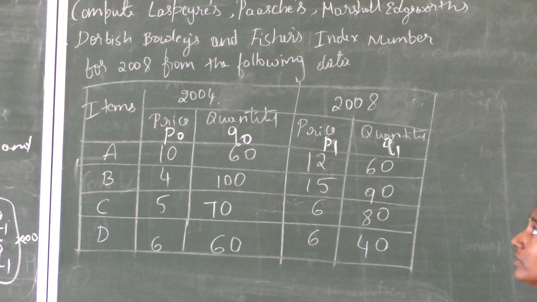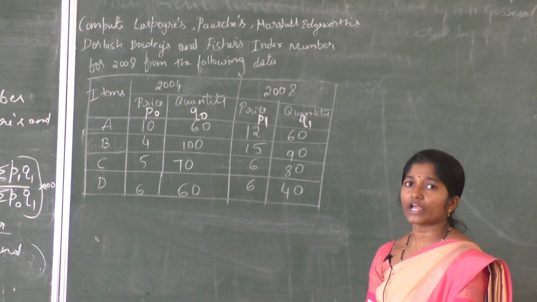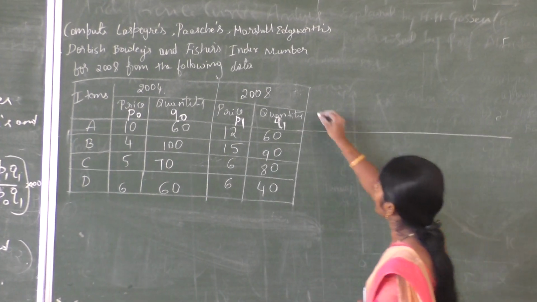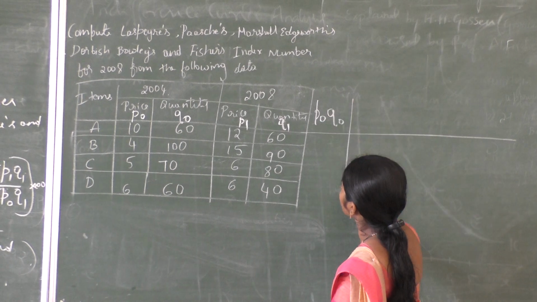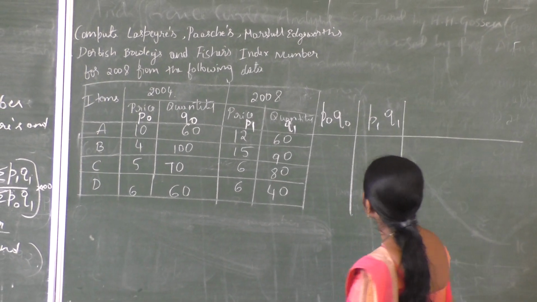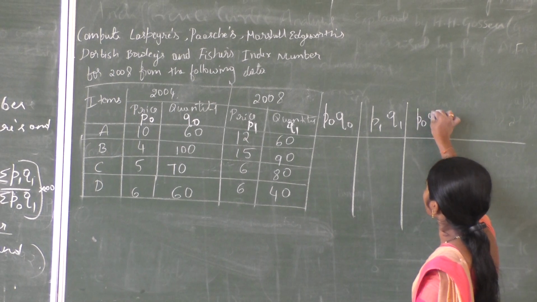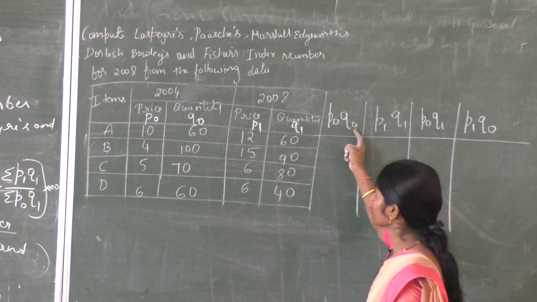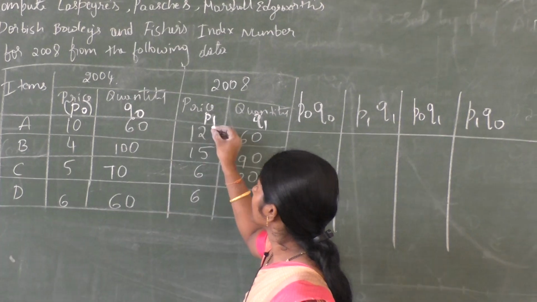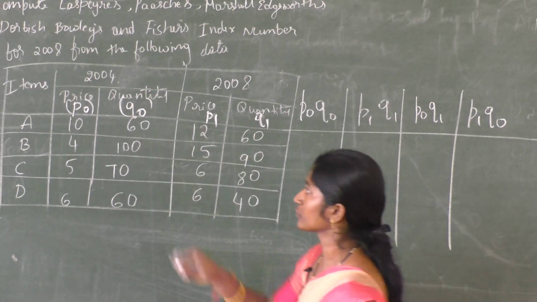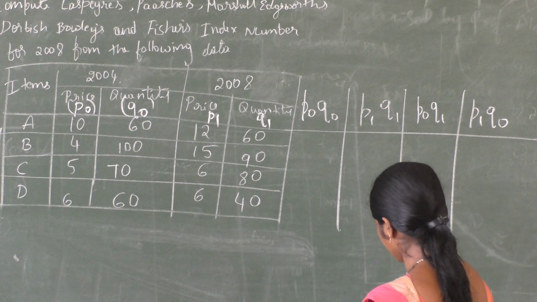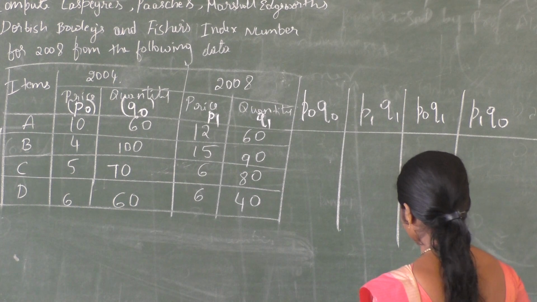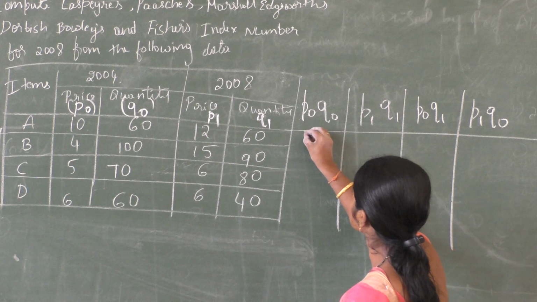For the calculation of all these formulas, we have to multiply P0 Q0, P1 Q1, P0 Q1 and P1 Q0. P0 Q0 means here I have written P0 and here Q0. Multiply these two: 10 into 60, that is 600.